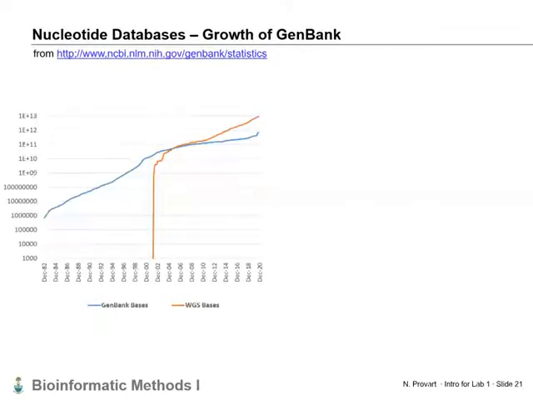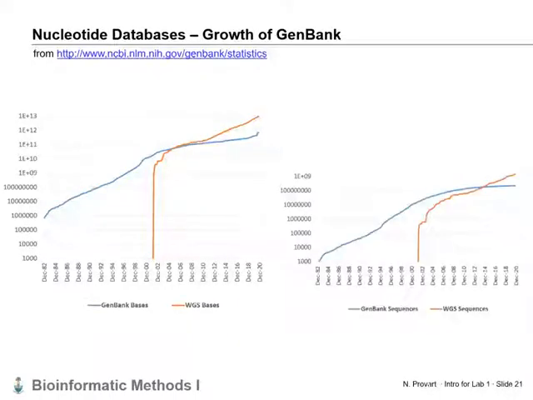So the growth of GenBank has been dramatic over the years, and that's really been driven by improvements in next generation sequencing technology that we'll touch on in a later lecture. Currently we're at about 400 billion base pairs within GenBank and around 200 million sequences.